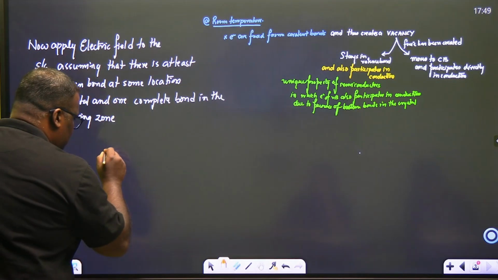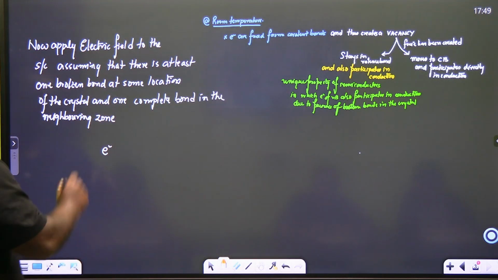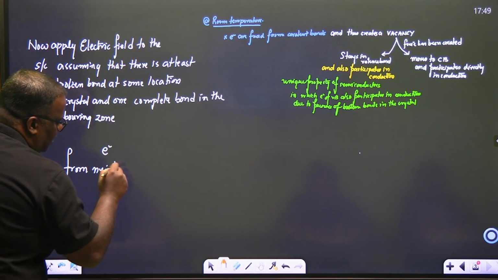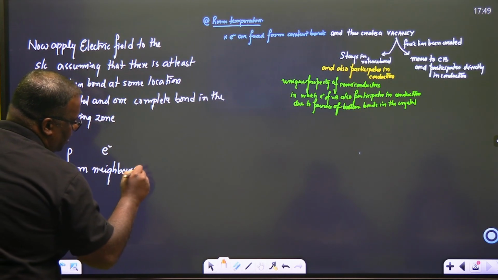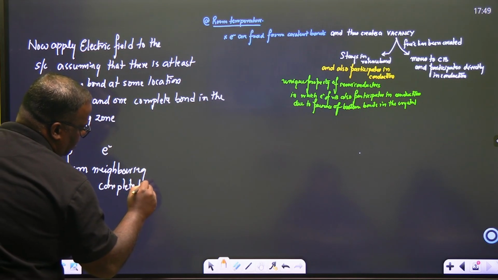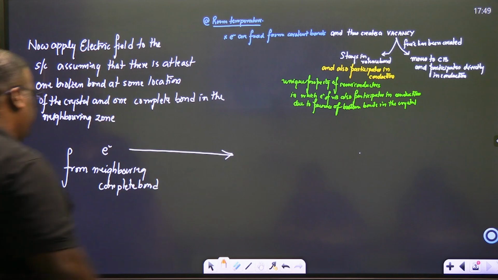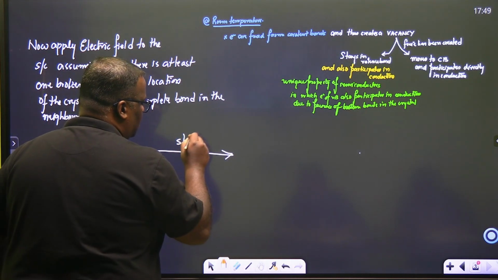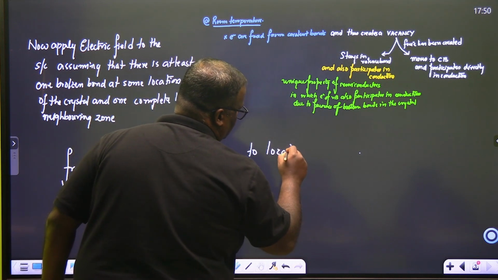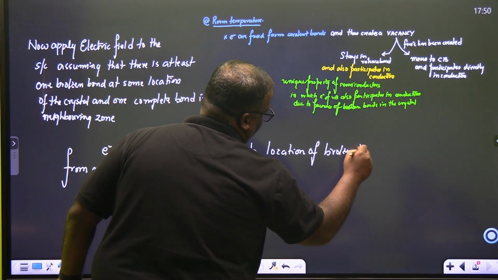So we say, as soon as you have, the electron from the neighboring complete bond shifts to the location of the broken bond.